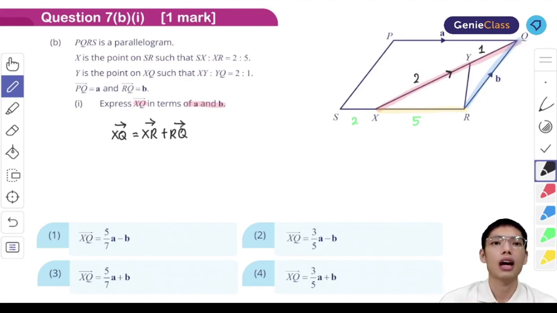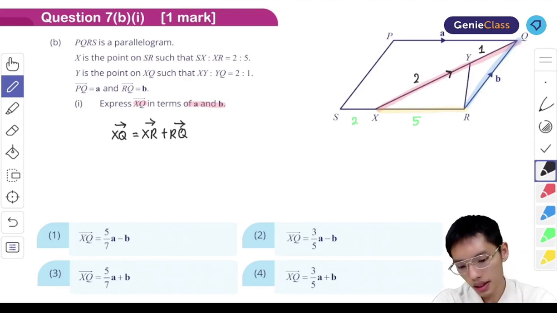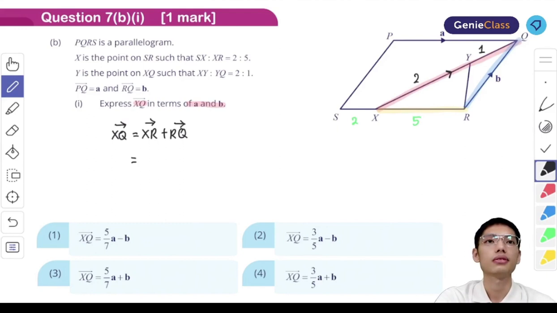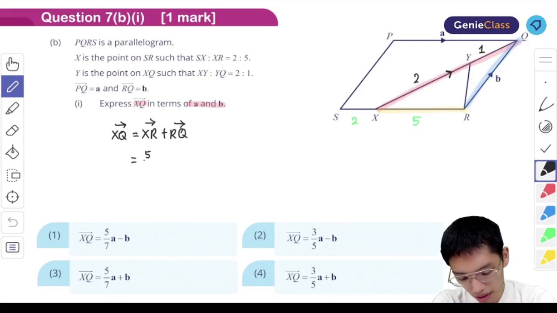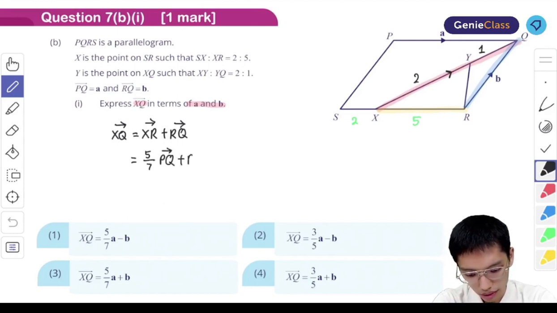Always break it down. Always annotate. Now, next up, what is XR? XR is 5 over 7 of PQ because they are parallel. Take note, this is because XR is parallel to PQ.